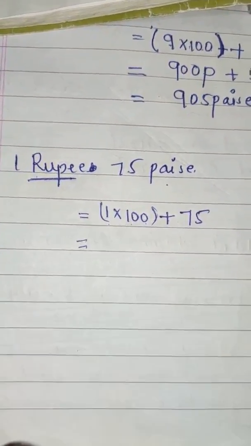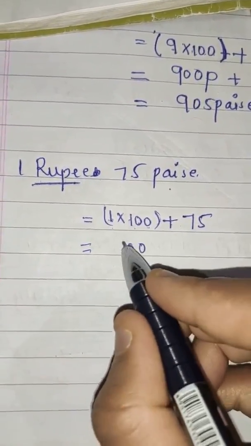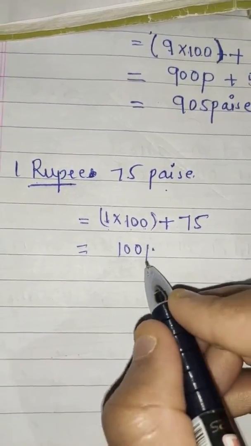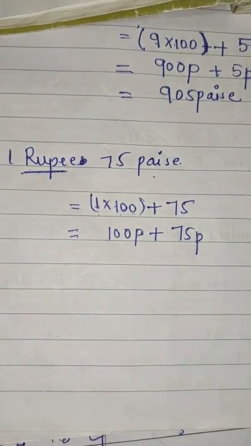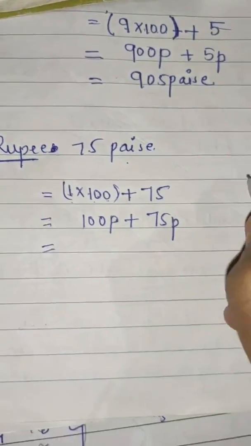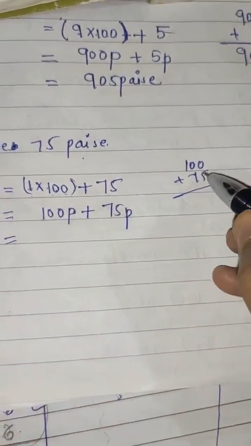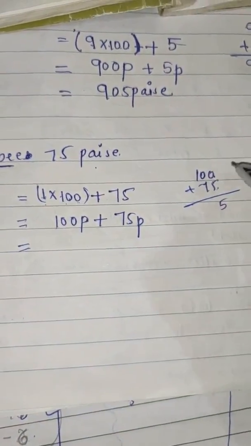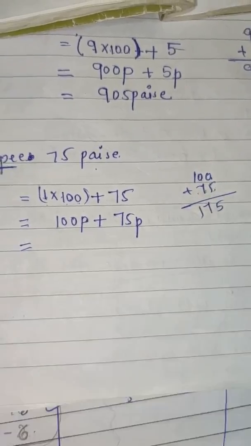Next, let's multiply it. 100 into 1 is 100 paise plus 75 paise. P in the sense it is paise. Okay, now let's add it. 100 plus 75. So 0 plus 5, 5. 0 plus 7, 7. 1. Isn't it?